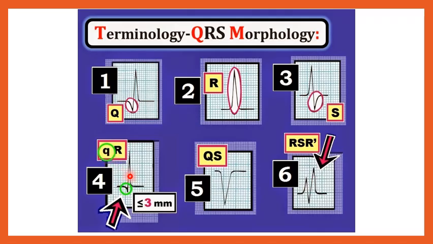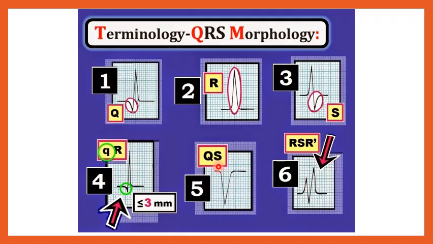So you can look at this one right here and say, okay, a little tiny baby Q and a really tall R. The way we would describe this is lowercase q, indicating that the wave is very small, and then the R wave, which is really tall, so that would be uppercase. This wave, number 5, is a QS wave. It is entirely 100% negatively deflected. QS, there are no positive components to this wave. Technically, looking at it, it's one big gigantic Q wave.